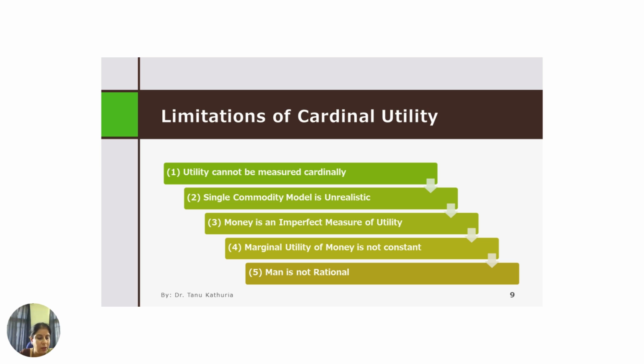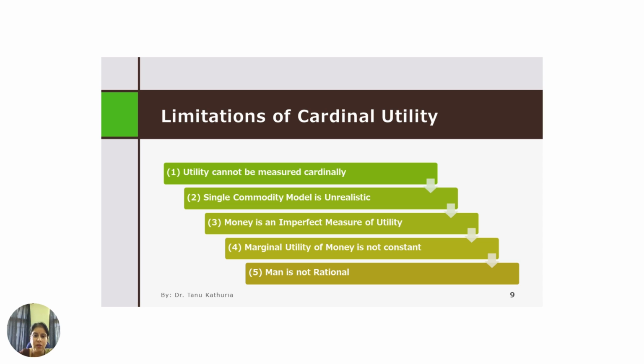When we look at the limitations, utility cannot be measured cardinally. Of course, we know it is a mental concept and we cannot measure it. The single commodity model is unrealistic because at a time I'm just talking about one commodity, whereas usually I consume in combinations. Money is an imperfect measure of utility.